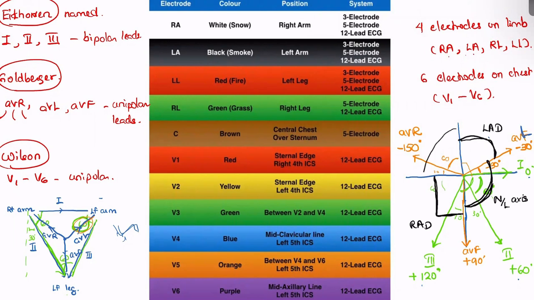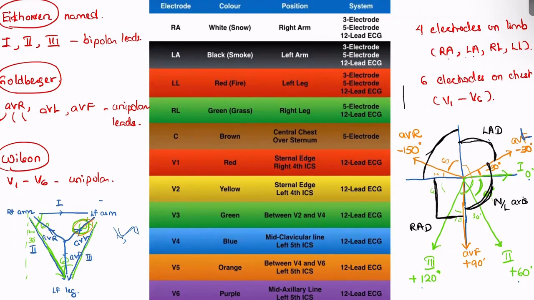In the map, it is north, east, south, west, and between north and west, we call it northwest axis or extreme axis. The heart is extremely rotated, so extreme axis. It is a rough recall of the cardiac axis, but I will discuss it later.